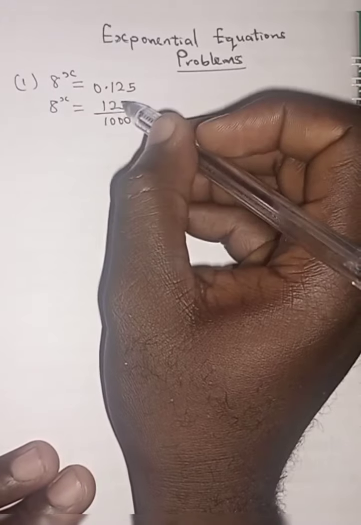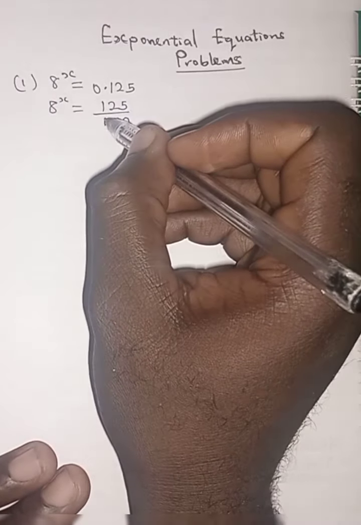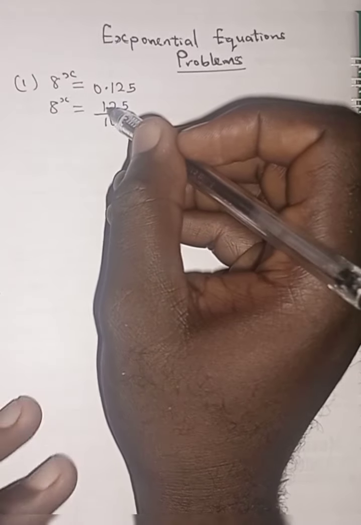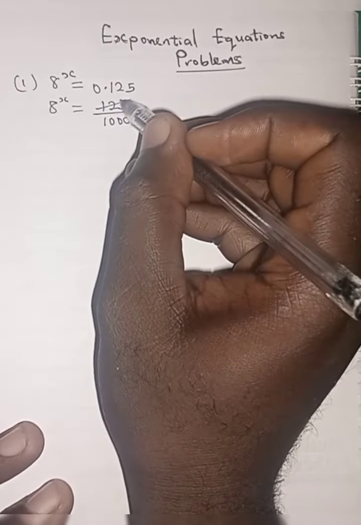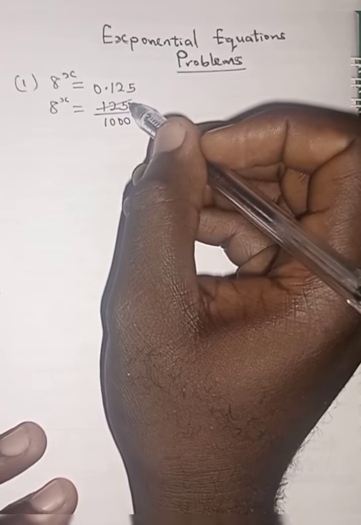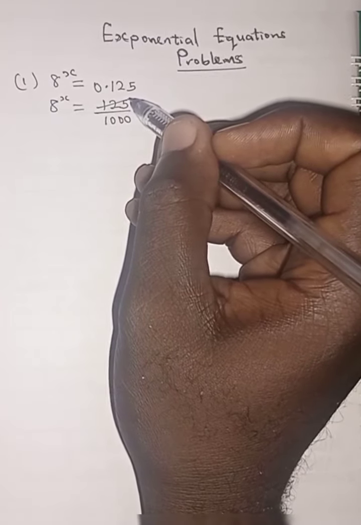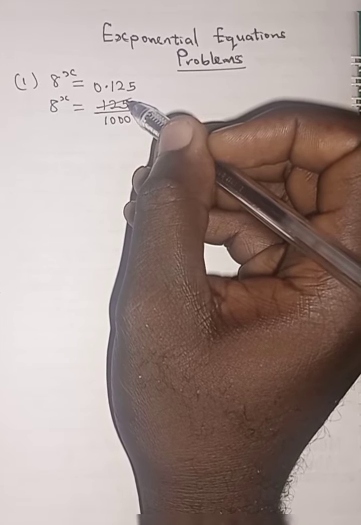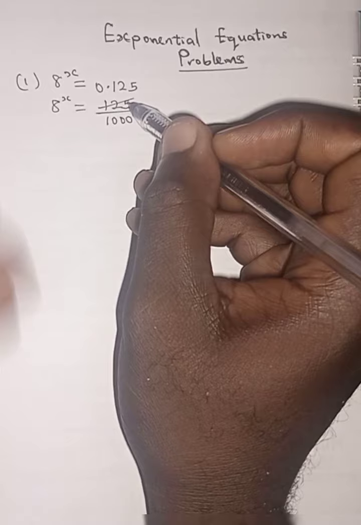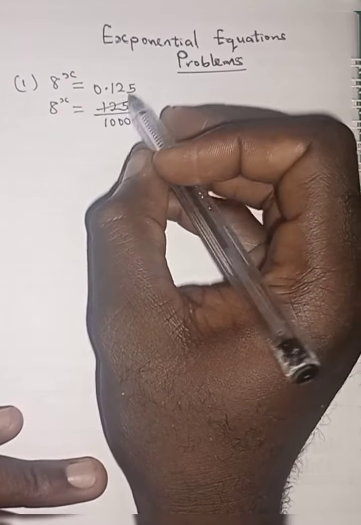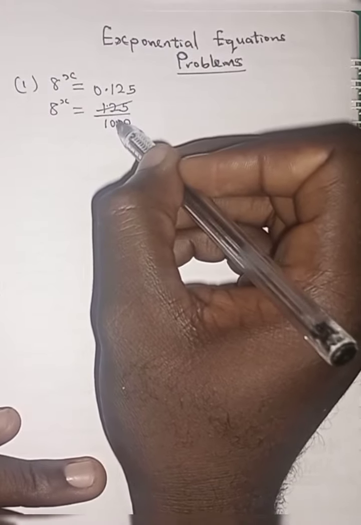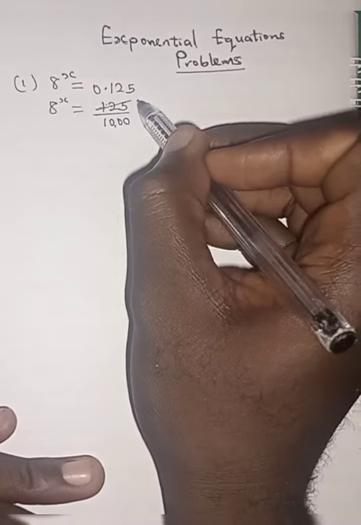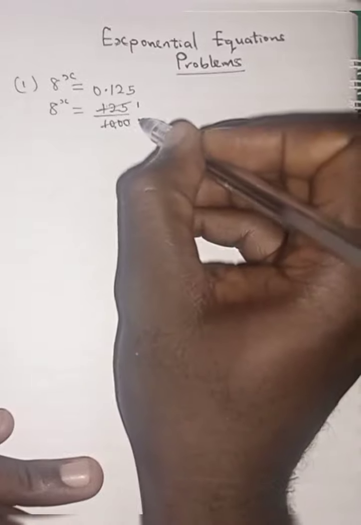Then let's divide. What number is common in both the numerator and the denominator? We have 5 is common, so we can easily divide. Let's look at another common number. 5 is common, but we can also use 125. 125 can go in the denominator once, and 125 goes into 1000 eight times.